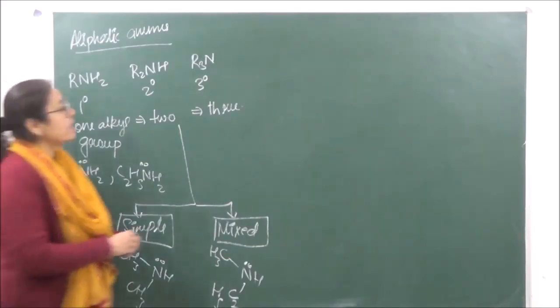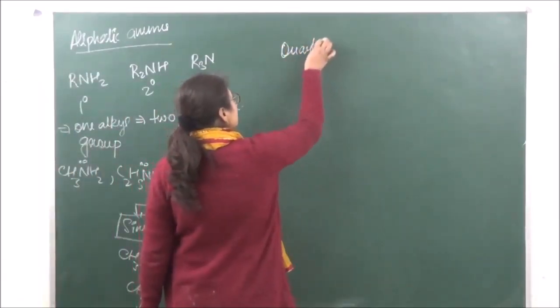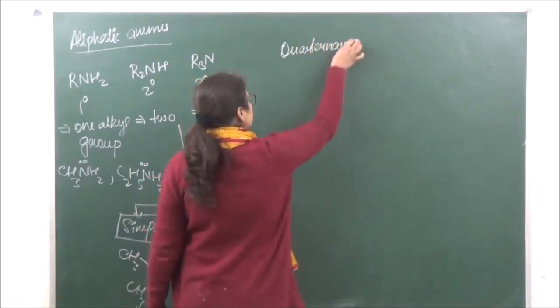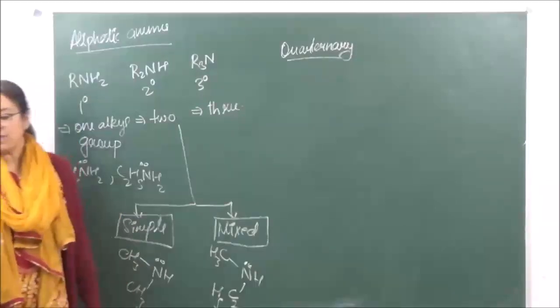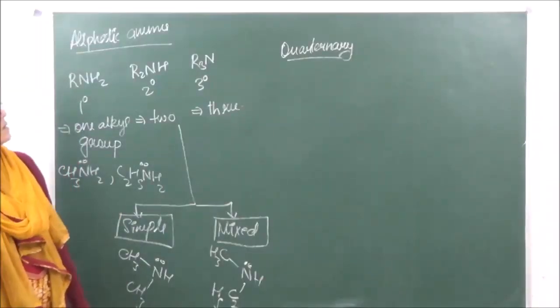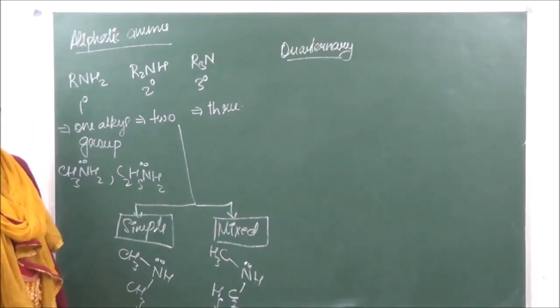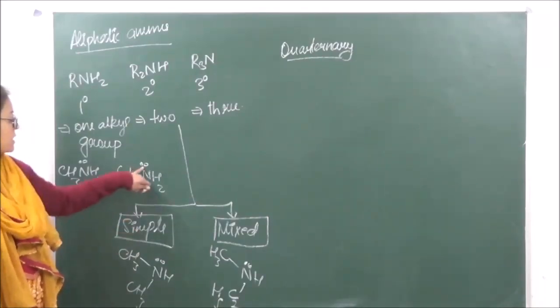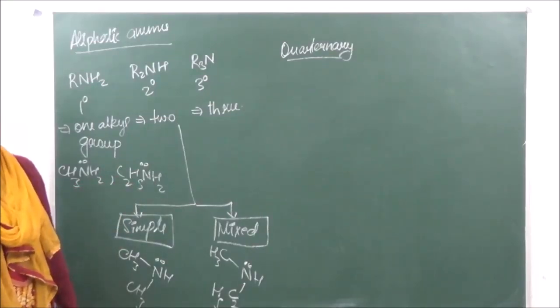Then we also have another kind of compounds over here which are known as quaternary compounds. Now what are quaternary compounds? In this case we have the nitrogen plus the lone pair of electrons present on the nitrogen, and they all are bonded to some elements.